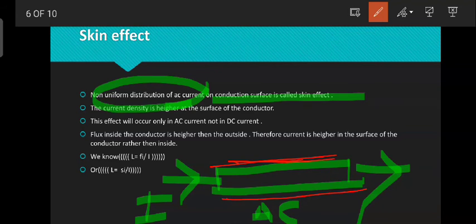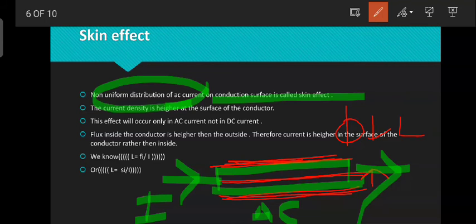At the surface of the conductor, the flux will be less as compared to the middle of the conductor, and in the middle the flux will be very high, and due to this there is an inductance effect.